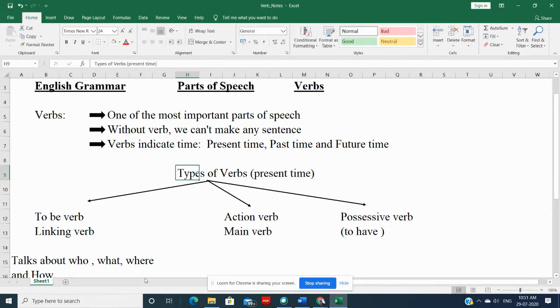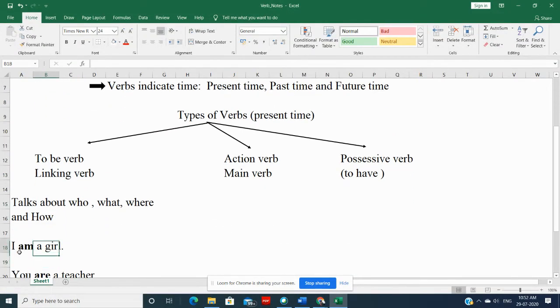So, we are talking about types of verbs. The first one is the to be verb. To be verbs are basically linking verbs. Now, what is the function of these verbs? They actually talk about who, what, where, and how somebody is.